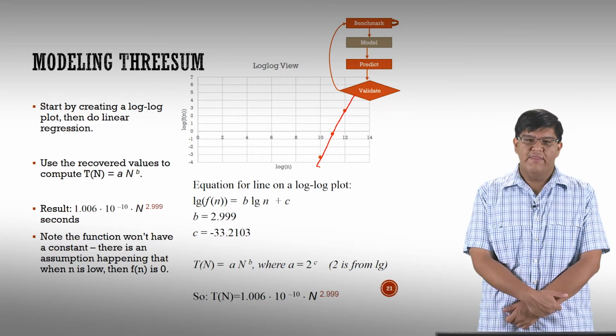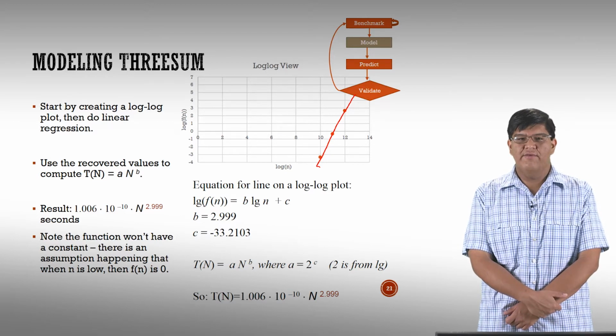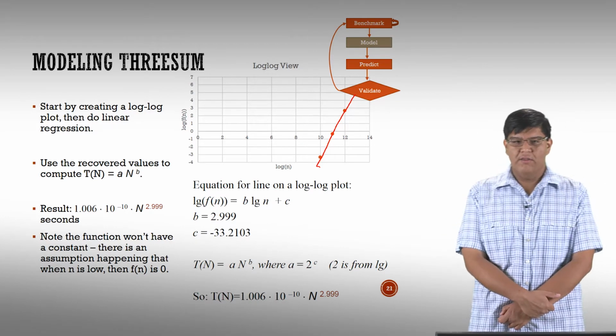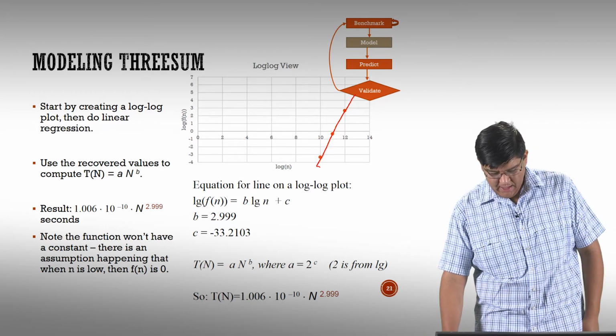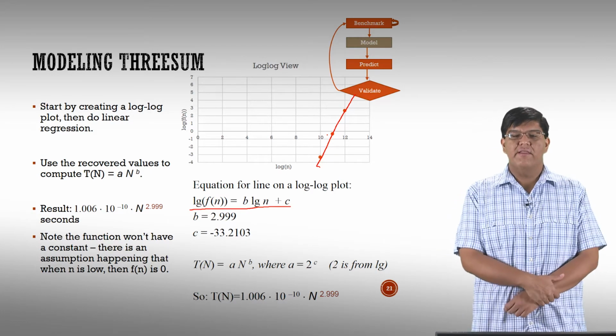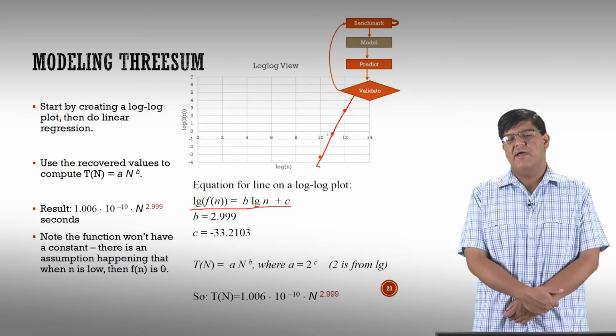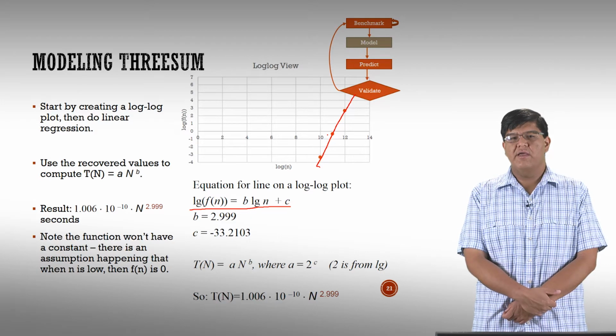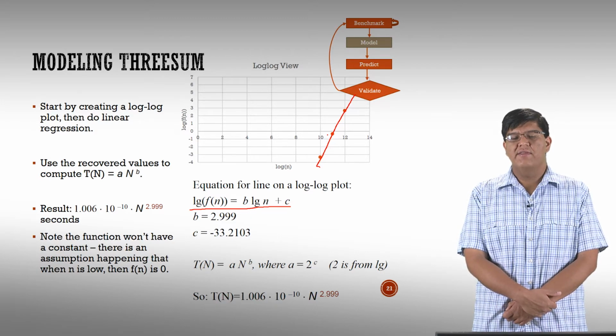And then once I've done that, I can look at the values there and try to use them to figure out what is the function that would model this data. So provided that I'm doing a log-log plot, I have this equation here of just a line. And I already said that if the data looks like a line in the log-log plot, that implies it's a power function. So we can imagine doing regression on the log-log data to learn what exactly that line is.